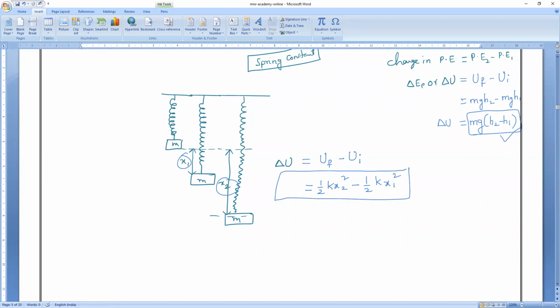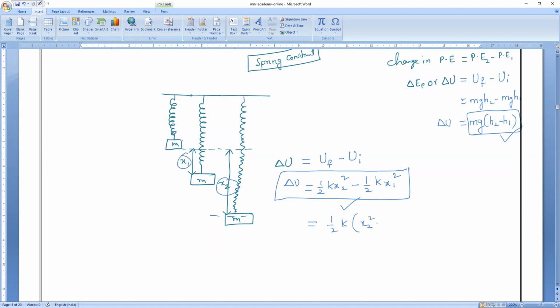That is what we call delta U, the change in elastic potential energy. I hope everybody is clear. In this, you can take 1 by 2 k as common.